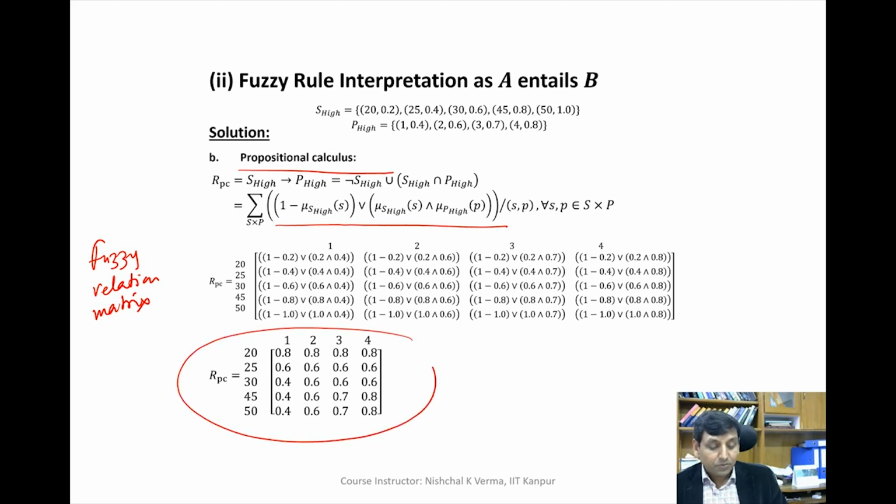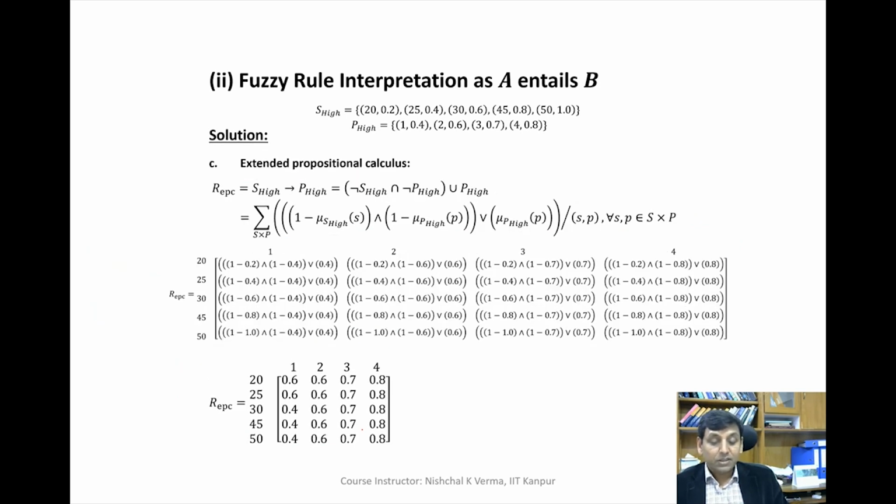So this we are going to get after using the propositional calculus. The expression is here, so we know how we are going to compute. And then finally, we are going to get RPC, which is the fuzzy relation matrix based on the propositional calculus.